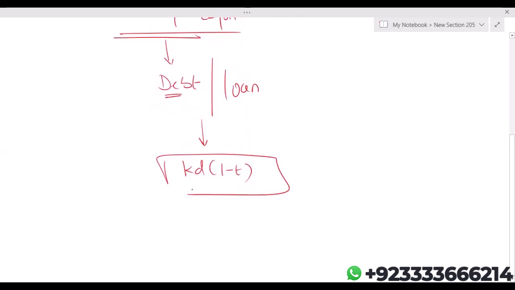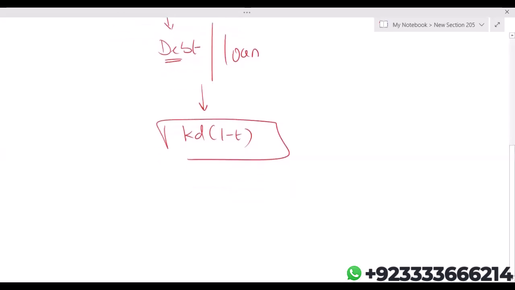Now, why KD(1 minus T)? There's only one reason: fixed payment of interest actually results in tax saving. That is why in case of debt, the cost is cost of debt after tax.